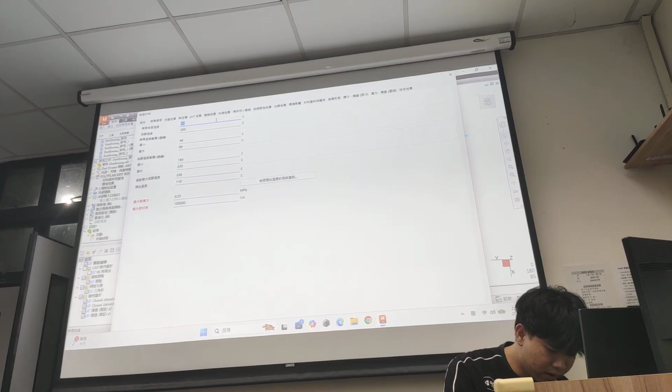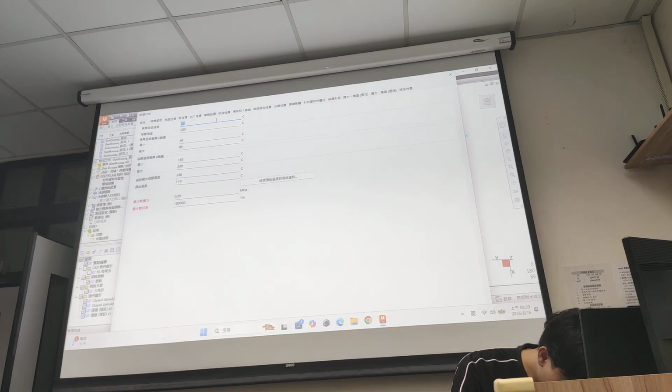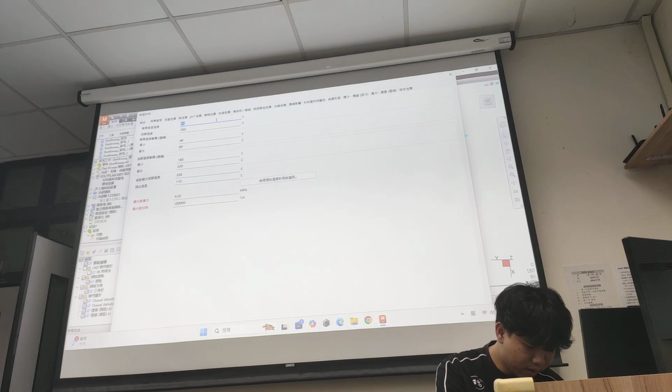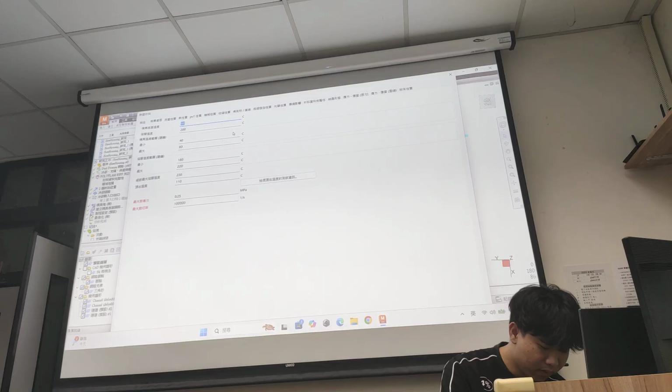Lastly, the limit for maximum shear stress and shear rate are 0.25 MPa and 100,000 per second, respectively.